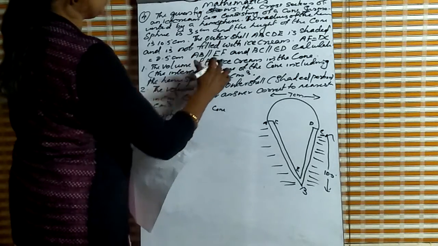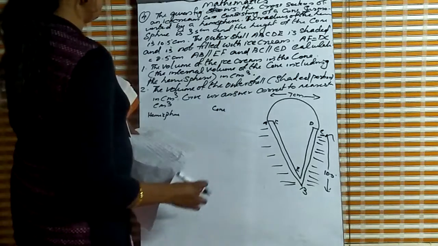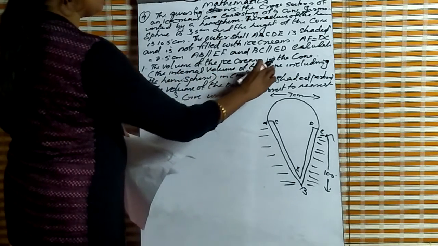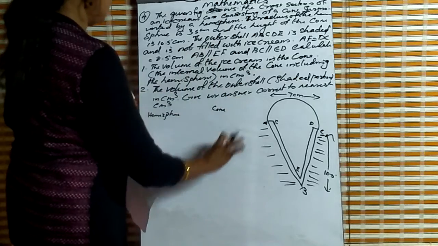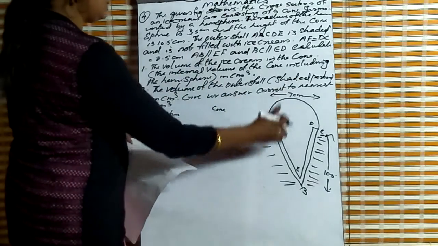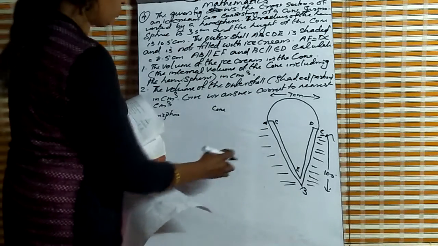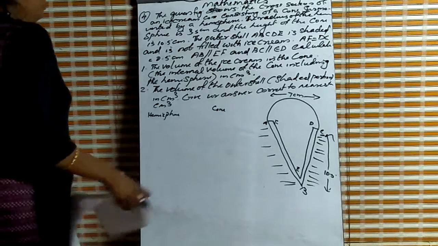Calculate the volume of the ice cream in the cone, that is the internal volume of the cone including the hemisphere in centimeter cube. Second, the volume of the outer shell, that is the shaded portion.